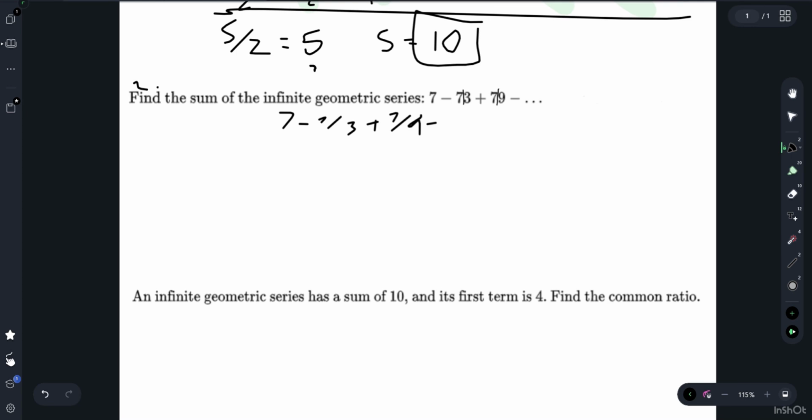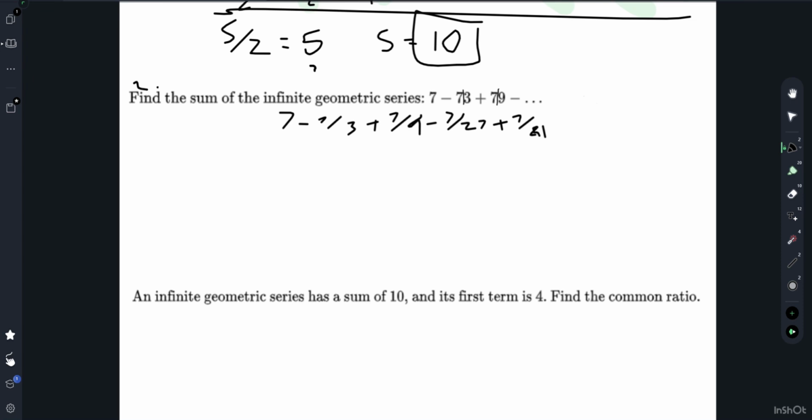We notice that we're multiplying by negative 1 over 3 each time. These questions can be tricky because when you're multiplying, the sign changes. Just know that if the sign alternates, that just means you're multiplying by a negative common ratio, which is always alright.